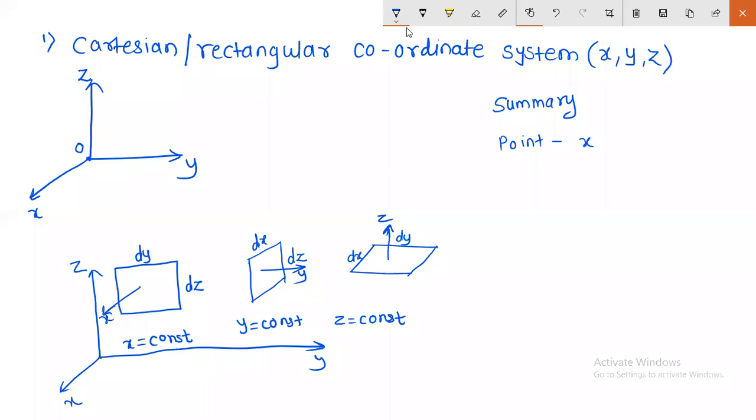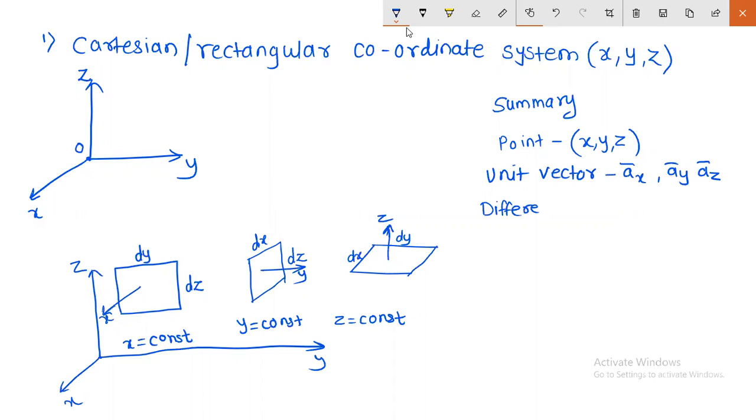Then if we consider the unit vectors, the unit vectors for the Cartesian coordinate system are a bar x, a bar y, and a bar z. Then we consider the differential lengths.